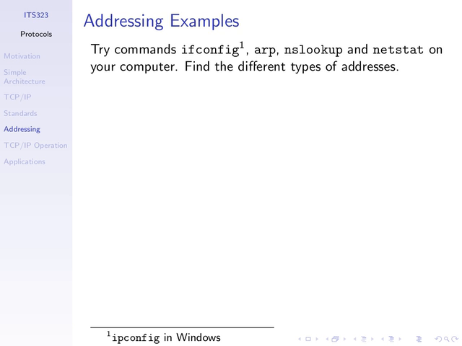ARP shows information about other computers on your LAN. And NSLOOKUP shows information that maps domain names, like www.google.com to an IP address. And Netstat shows some statistics about your network communications. You can try them on your own computer. We showed them last week, or two of them at least.